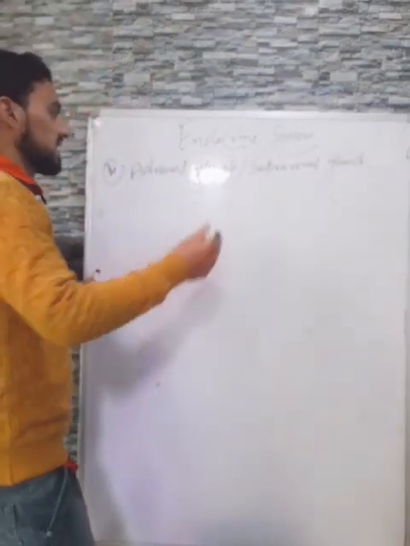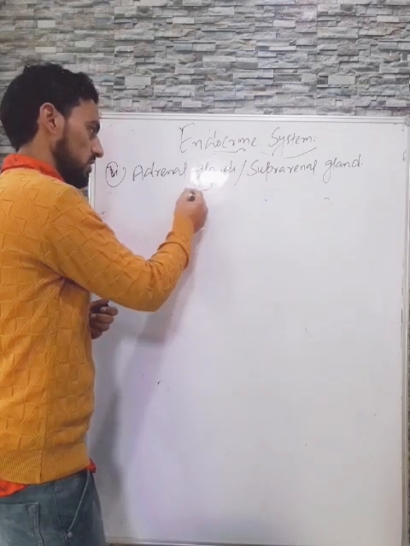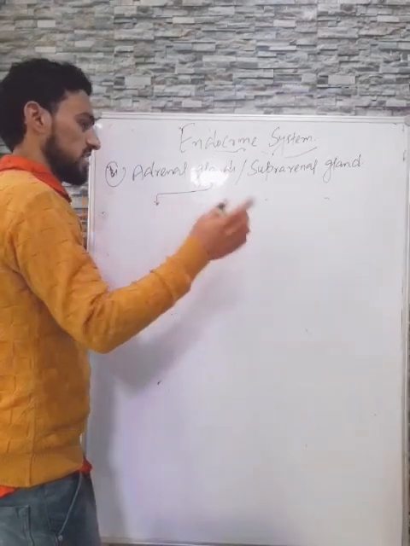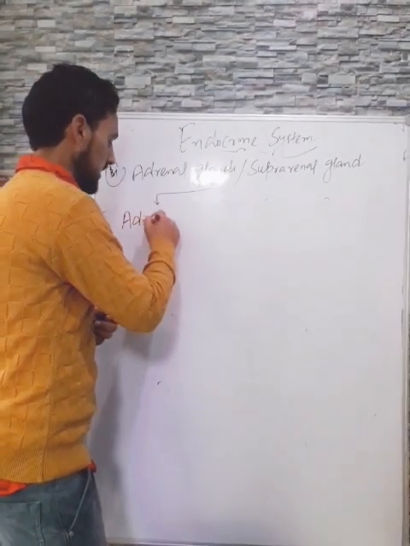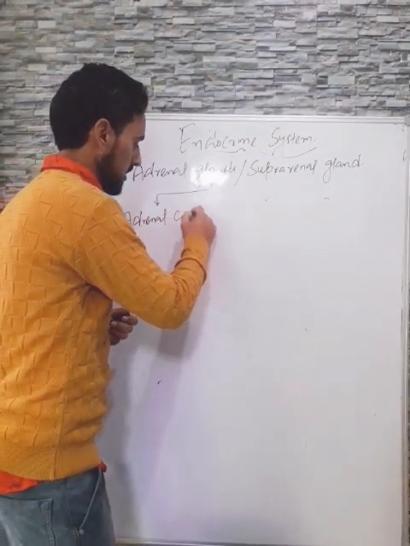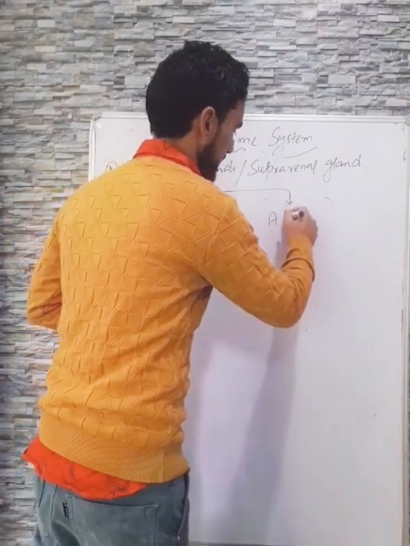As mentioned earlier in this same topic, the endocrine system, the adrenal gland has been divided into two parts. The outer part is known as the adrenal cortex, and the inner part is known as the adrenal medulla.